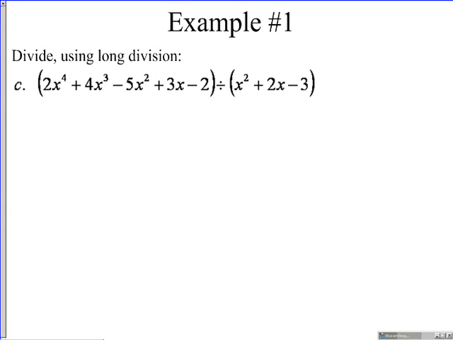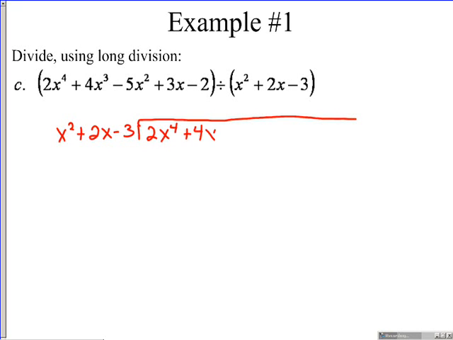Letter C, x squared plus 2x minus 3. Dividing that into 2x to the 4th plus 4x cubed minus 5x squared plus 3x minus 2.